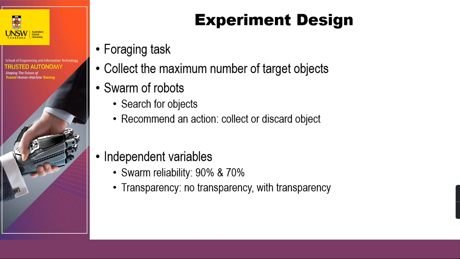We used a 2 by 2 factorial design with two transparency and two reliability conditions. In conditions with transparency, the swarm recommendation was accompanied with information about the degree of agreement between swarm members.